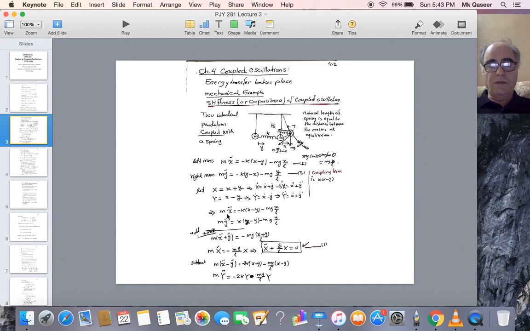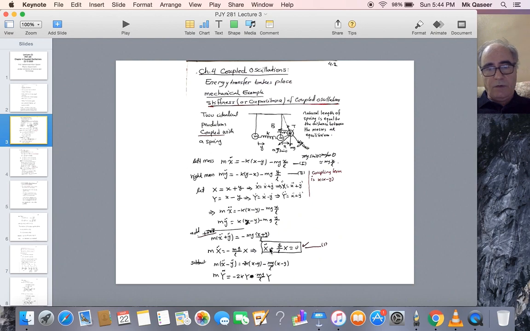Adding them gives m of (x double dot plus y double dot) equals minus m g over L of (x plus y). x plus y is X capital, and x double dot plus y double dot is X capital double dot.